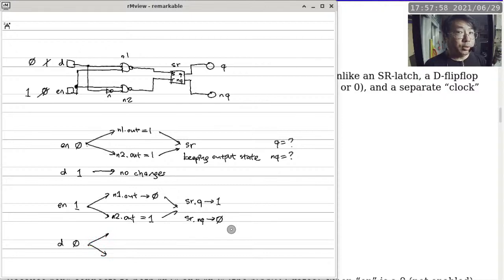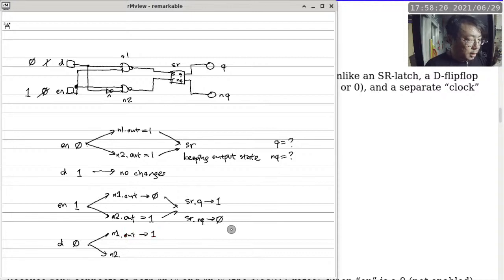D connects to both N1 and N2, so once again we have to split into the analysis of N1 and also the analysis of N2. As far as N1 is concerned, now at least one input is a 0. That's going to cause the output of N1 to become a 1 in this case.